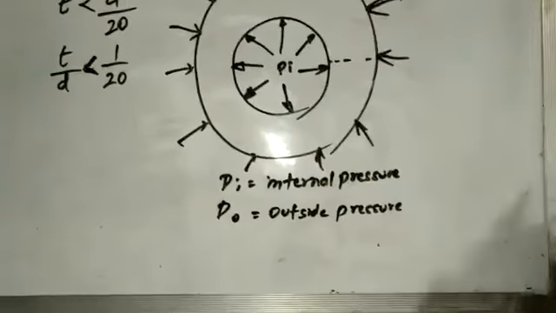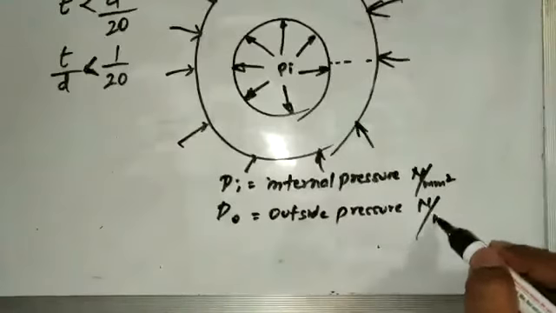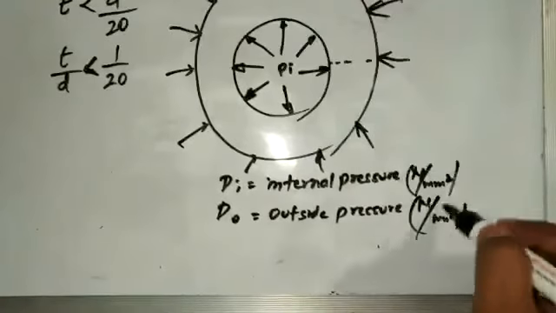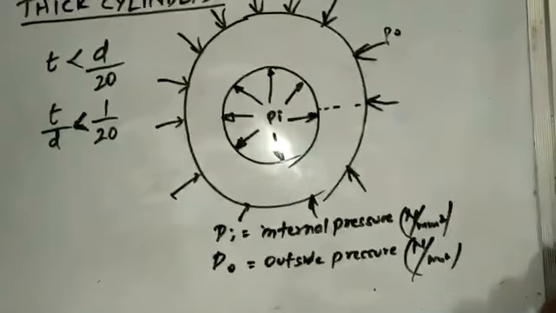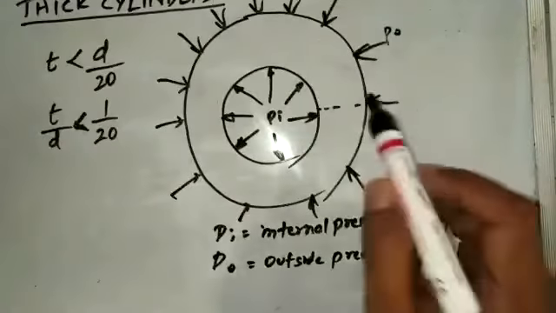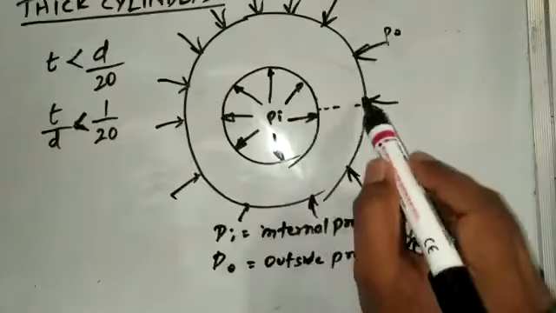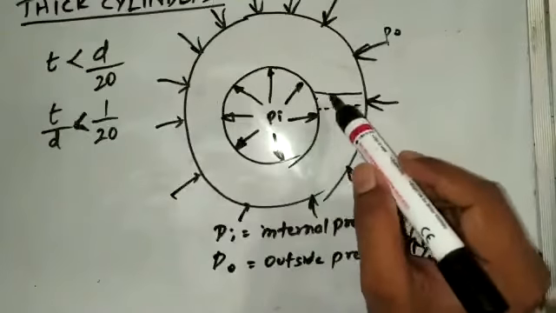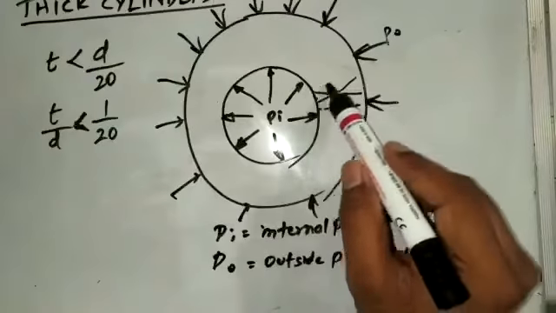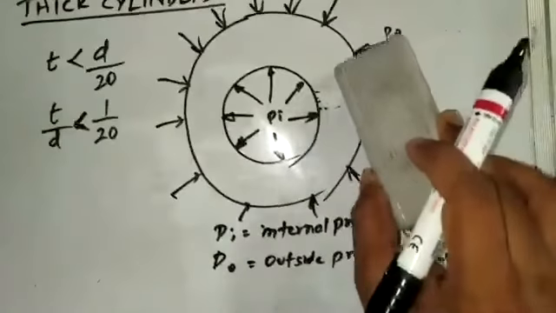External pressure and internal pressure are both in Newton per millimeter square. So how will the stress variation be? How will the stresses be inside and outside, whether the stress is gradually decreasing, or increasing, or varying? All this we'll try to understand in this chapter.